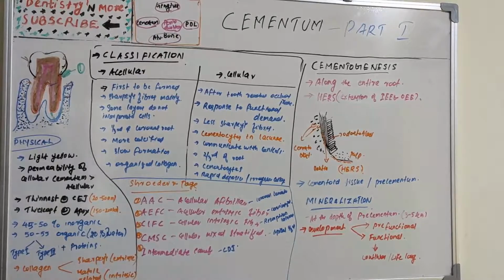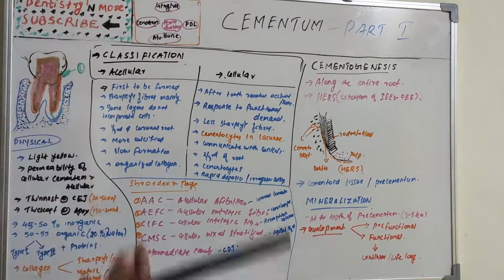Now the non-collagenous parts. We have proteins which play a very important role in matrix deposition, initiation and control of mineralization and matrix remodeling. Basic non-collagenous proteins are bone sialoprotein, osteopontin, tenascin, fibronectin, osteocalcin.